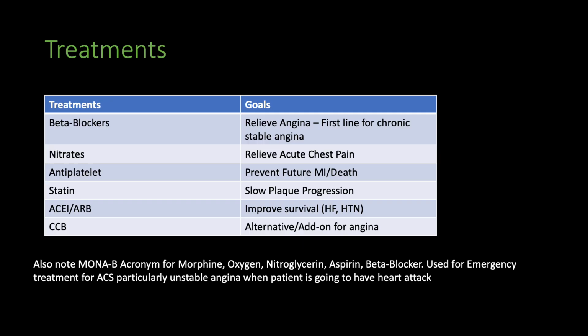This is typically what's used for emergency treatment for acute coronary syndrome. Morphine, oxygen, nitrates, aspirin, beta blocker. It doesn't have to be used in this order, but this acronym will help you understand which medications are used in emergency treatment. So just to have an understanding, MONA-B.